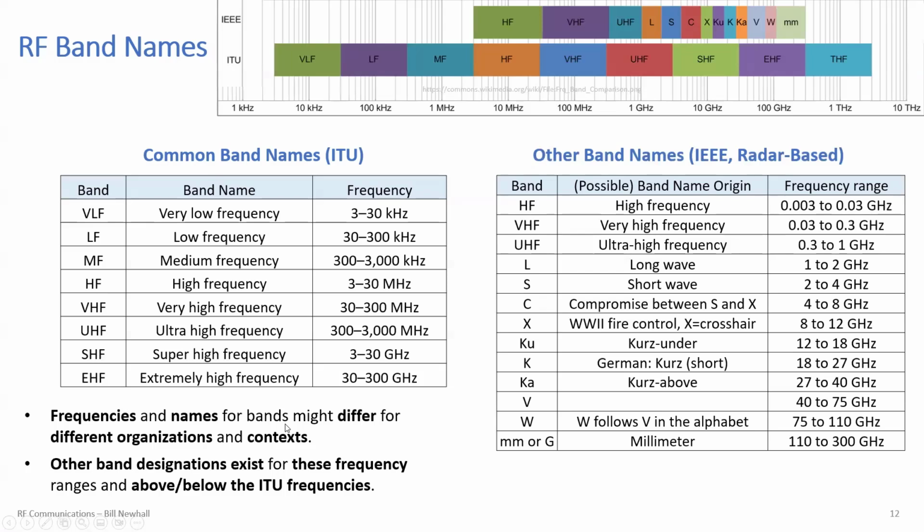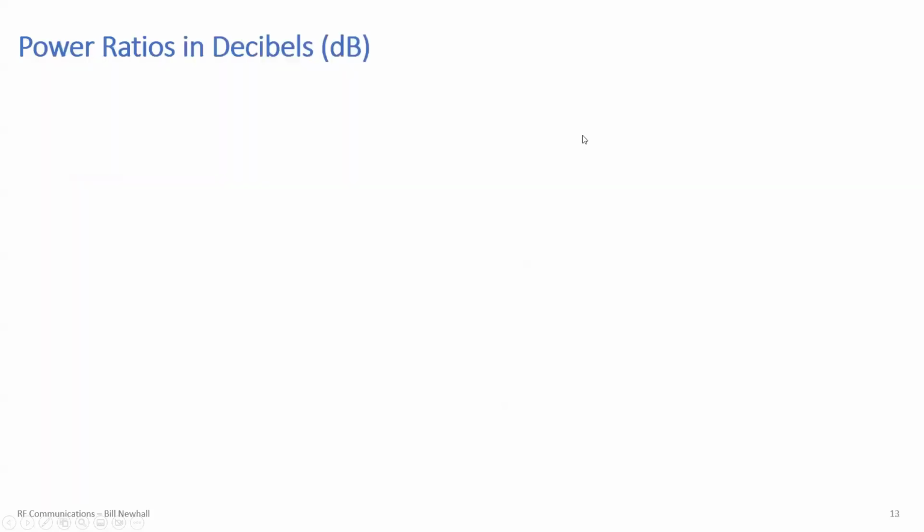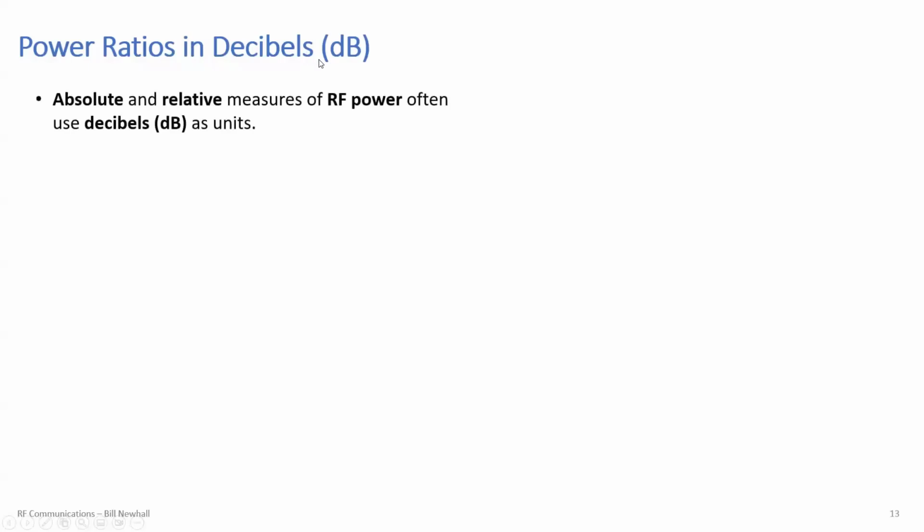All right, so we talked about spectrum. I want to say a little bit about not the frequency axis, but the power axis of spectrum. Power ratios are often stated in decibels. You can state absolute RF power and relative RF power measures in decibels as units.